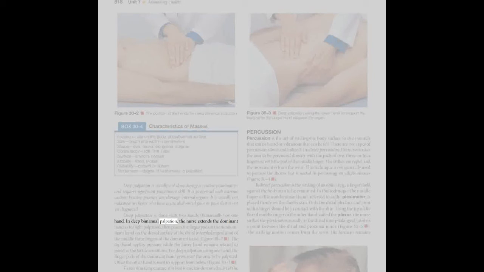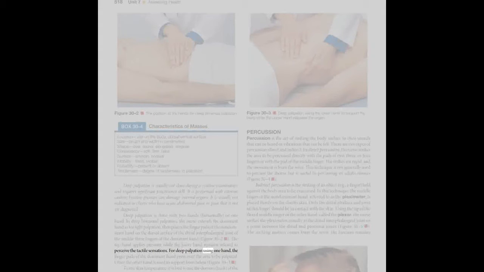In deep bimanual palpation, the nurse extends the dominant hand as for light palpation, then places the finger pads of the non-dominant hand on the dorsal surface of the distal interphalangeal joint of the middle three fingers of the dominant hand, Figure 30-2. The top hand applies pressure while the lower hand remains relaxed to perceive the tactile sensations.